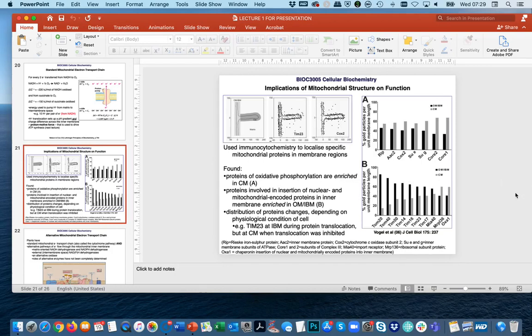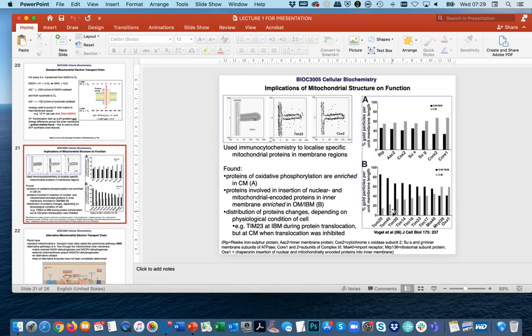Those are the last two proteins in graph B, where we see more of those in the cristae membrane. But all of those other proteins, and I've defined what the abbreviations are at the bottom of the slide, were highly represented in the outer membrane and the inner boundary membrane.